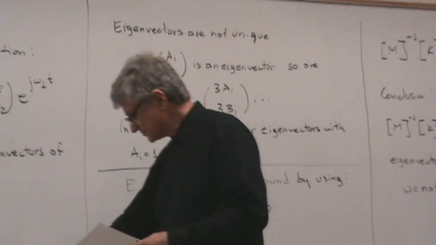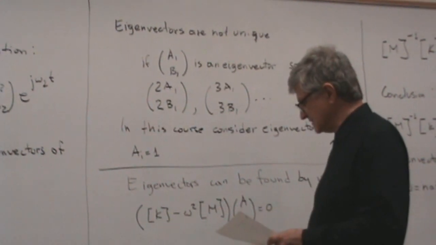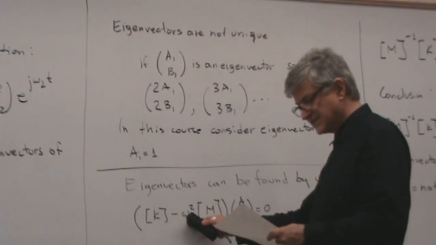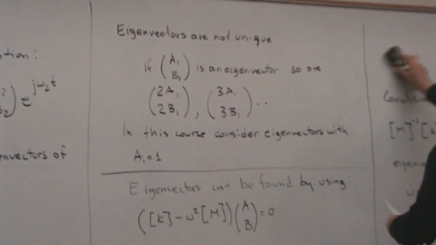So this is the equation that you solve. And if you put in this equation the first natural frequency, you'll get the first eigenvector. If you use the second natural frequency, you get the second eigenvector.